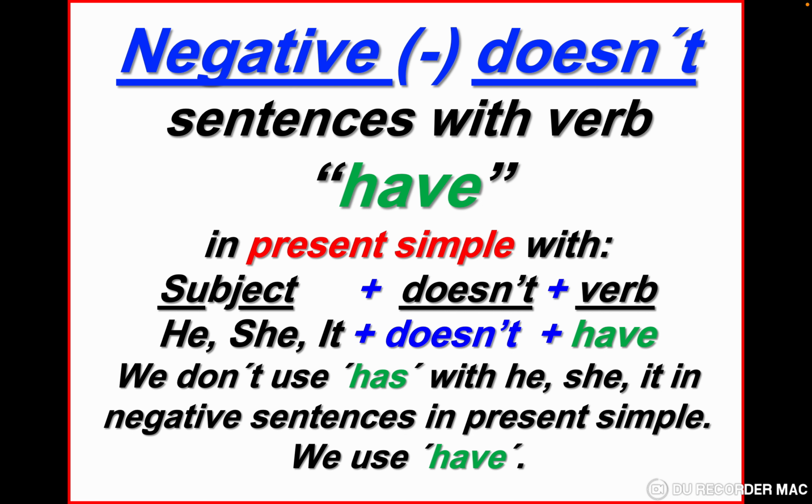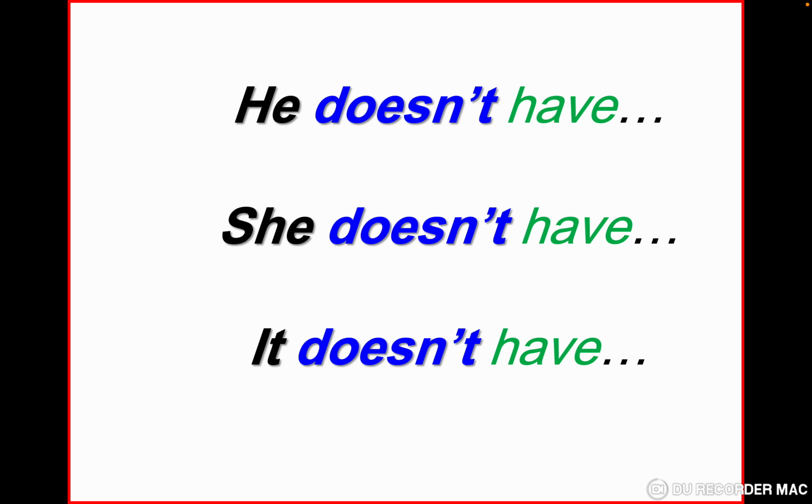If you write he doesn't has, she doesn't has, it doesn't has, it's not correct. We say he doesn't have, she doesn't have, it doesn't have. Let's continue.